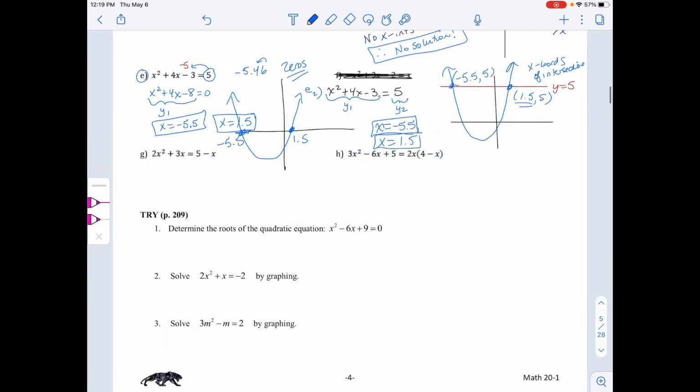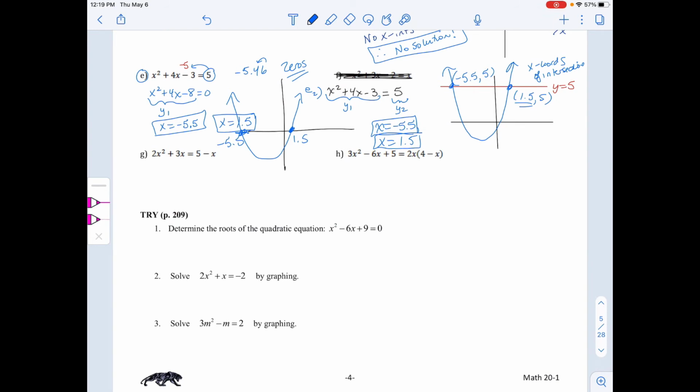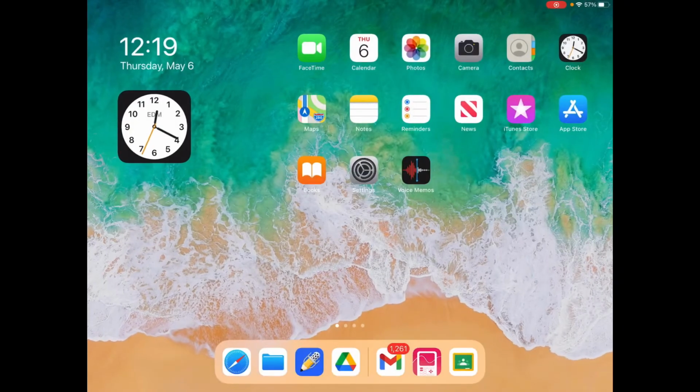So if you want to try question G using both methods, or even just one method, I prefer the y1, y2. I don't have to do any messing around with moving anything over. I would enter 2x squared plus 3x, and 5 minus x.